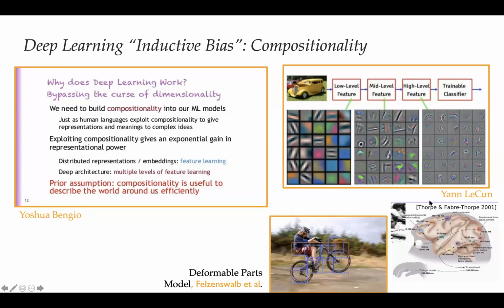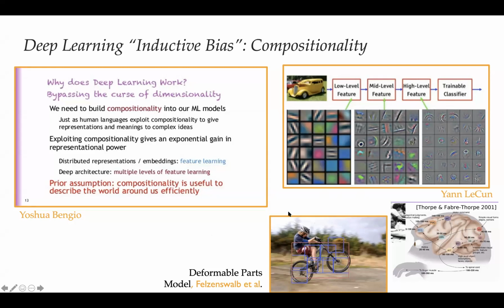There's also evidence that the brain is organized somehow hierarchically. And of course, this idea was not just developed by deep learning researchers. It has been around for a long time in the computer vision community.